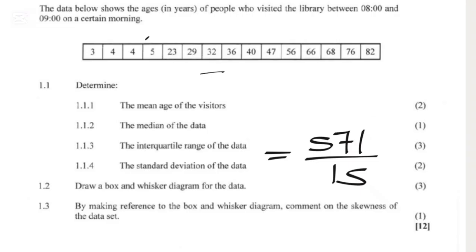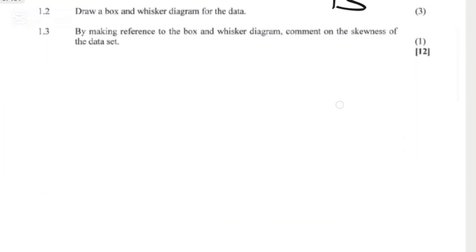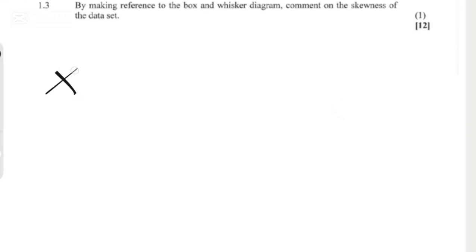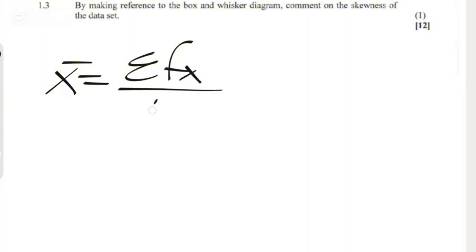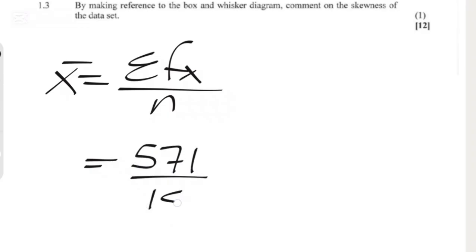What do you get when you punch it in? Your answer will be, let me just write underneath, mean is equals to the sum of the data over n, which is equals to 571 over 15.